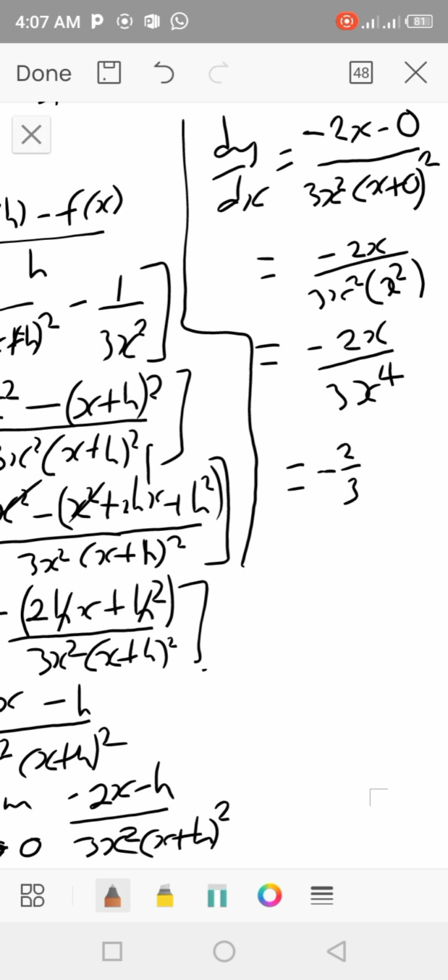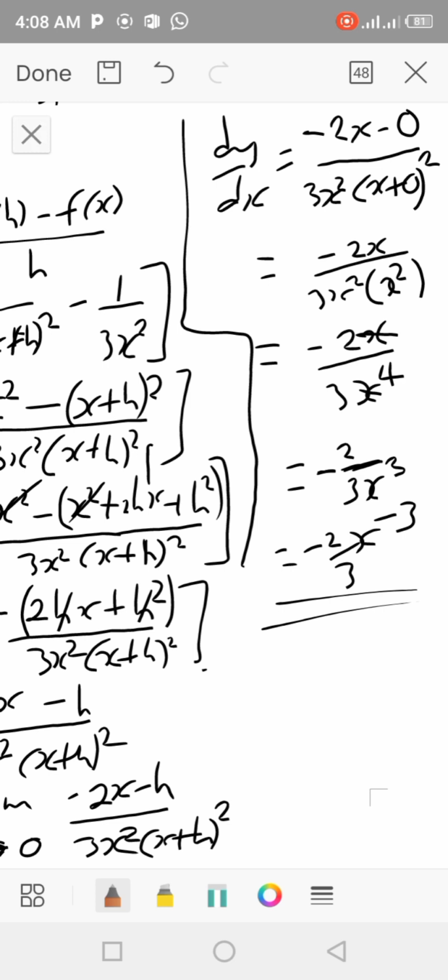So of course this x is going to cut one x here, which is going to be x raised to power 3. Then we can say that minus 2 over 3 x raised to power minus 3. So that is the final answer.